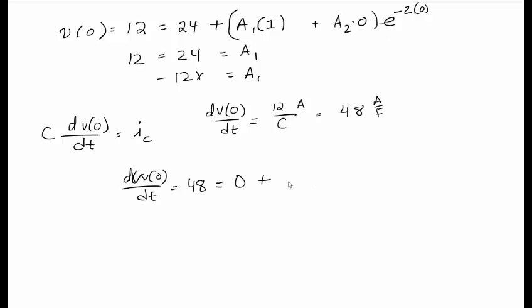I actually prefer to break it up, but it's e to the minus 2t a1 cosine 1.936t plus e to the minus 2t a2 sine 1.936t, and we need to find the derivative d/dt of this total amount right here.